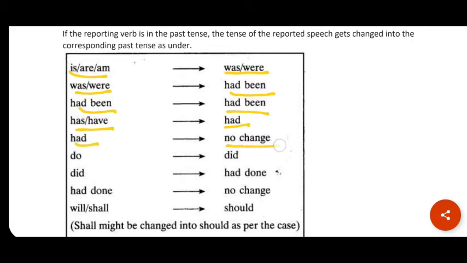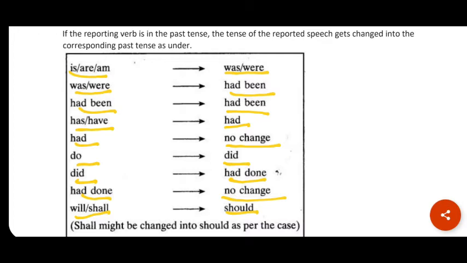Had, there is no change. Do changes to did. Present changes to past. Simple past changes to past perfect. Past perfect, there is no change. Will or shall changes to would or should. So these are the changes of the tense.